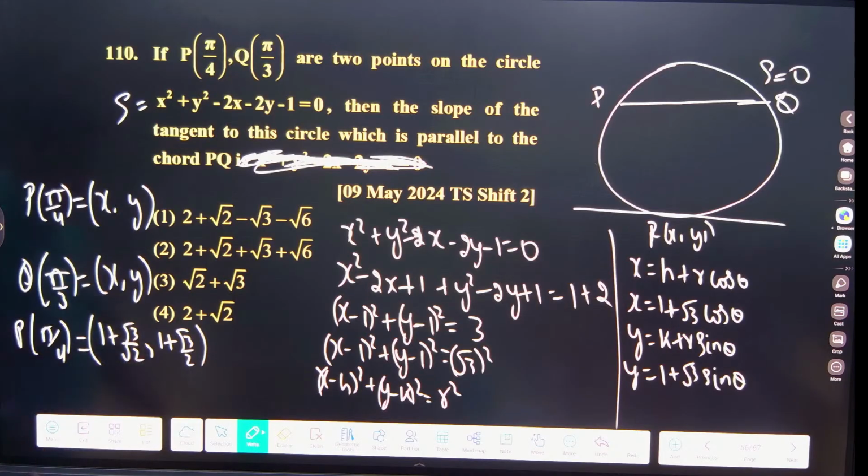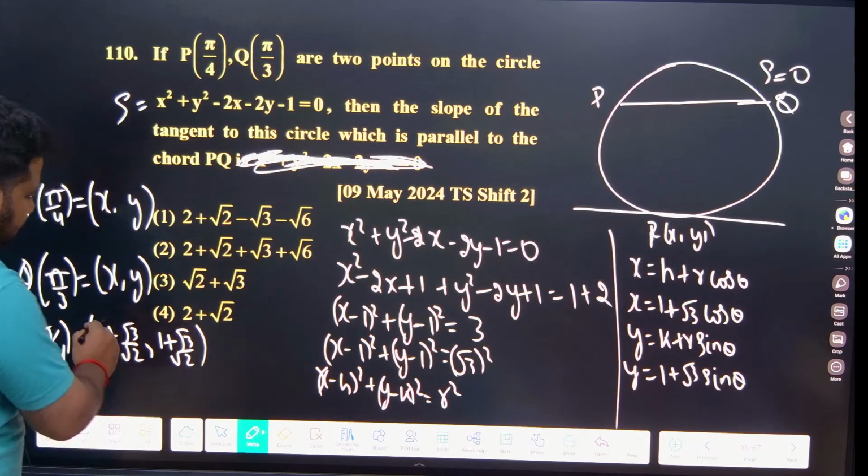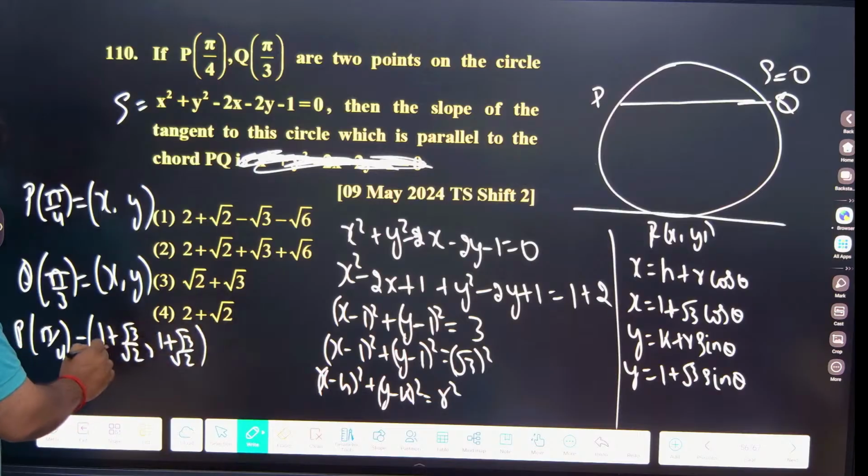Can I simplify this? Yes. Root 2 plus root 3 by root 2. Let us wait. Let this be x1, y1, because we want slope. Now Q of pi by 3 means this will become 1 plus root 3 cos pi by 3.